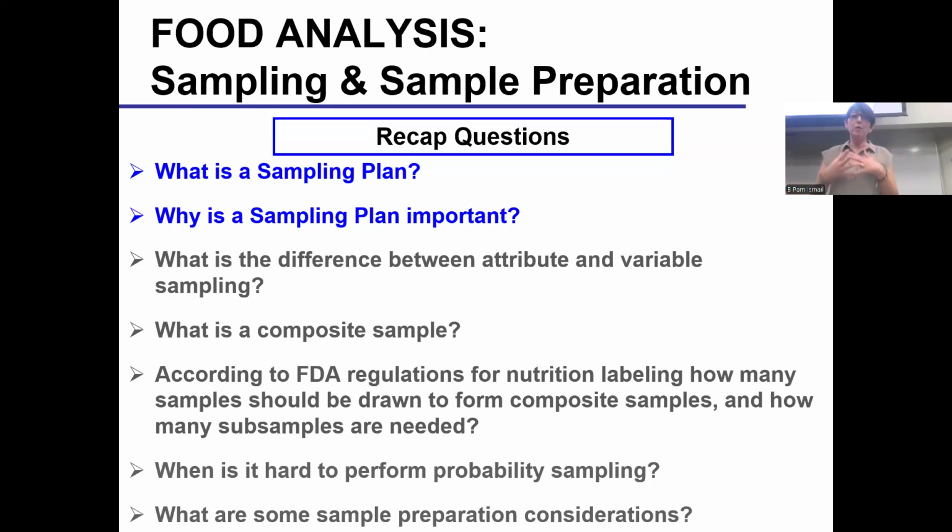It is very important. A sampling plan is almost more important than the actual analysis. And why is that, do you think? Why is a sampling plan very, very critical to you as an analyst?